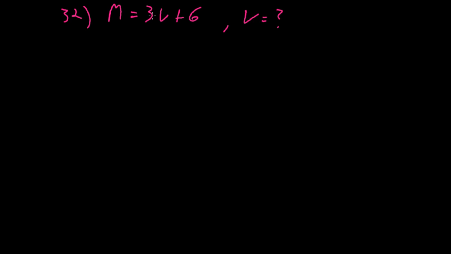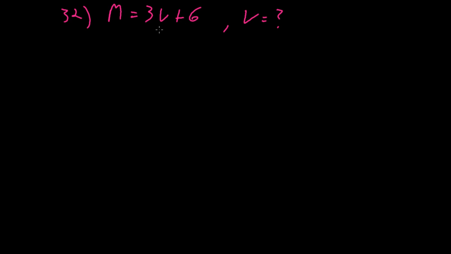For any number we plug into v, we multiply that number by 3 and add 6, and we get the number m. It wants to know how we create an equation like this for v in terms of m. To do that, we can just use simple algebraic manipulation.